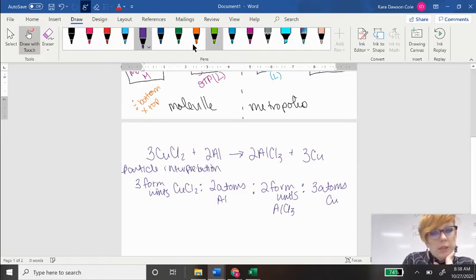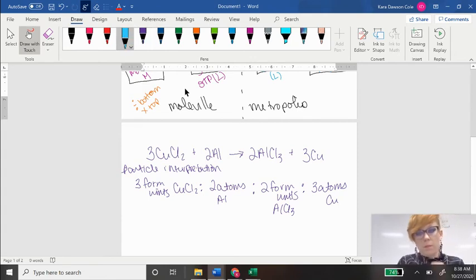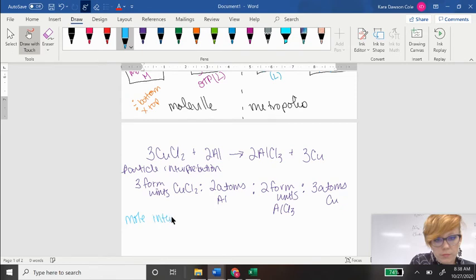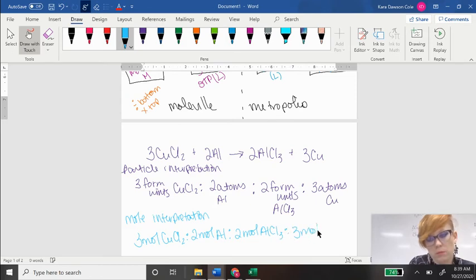We could also say that we can interpret this in terms of moles. So if I do a mole interpretation of this, I've got 3 moles of CuCl2 to 2 moles of aluminum to 2 moles of aluminum chloride to 3 moles of copper. Okay, so then this is what we are going to use.